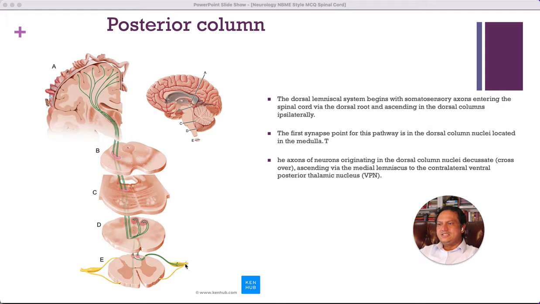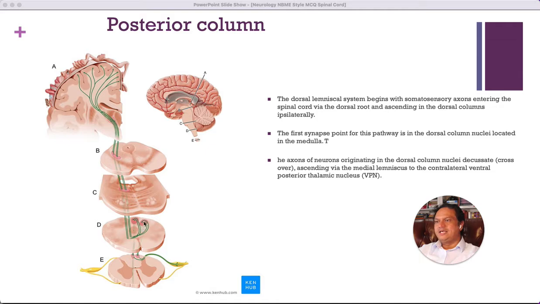The green are the pathways, with the nerve cell bodies of the first level neurons giving off axons that come into the dorsal column and ascend ipsilaterally.